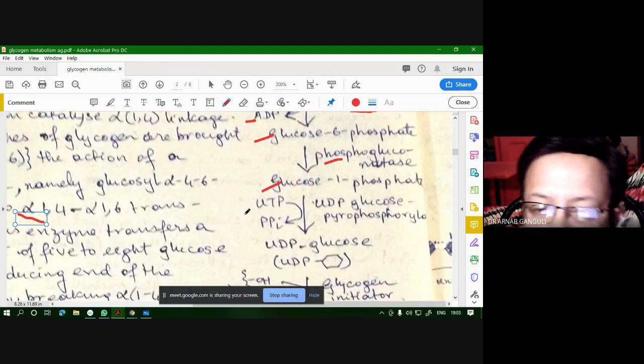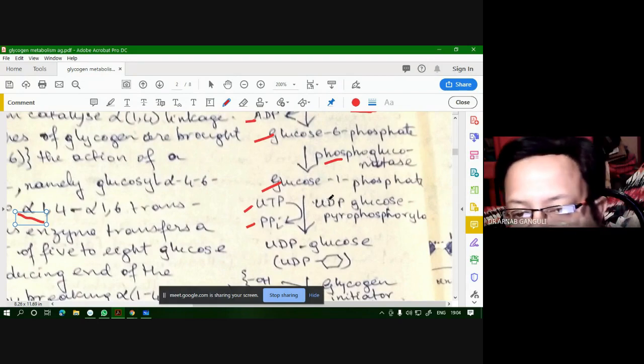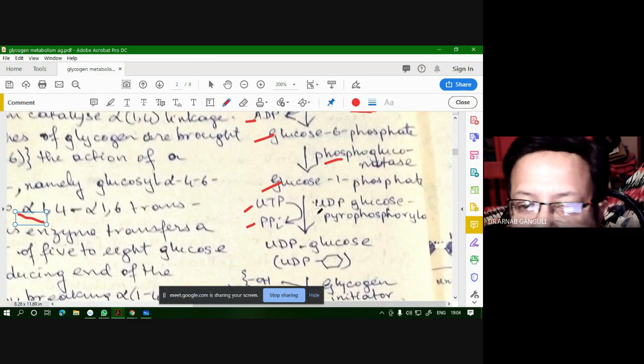Then UTP, uridine triphosphate, is hydrolyzed, and you have UDP glucose.